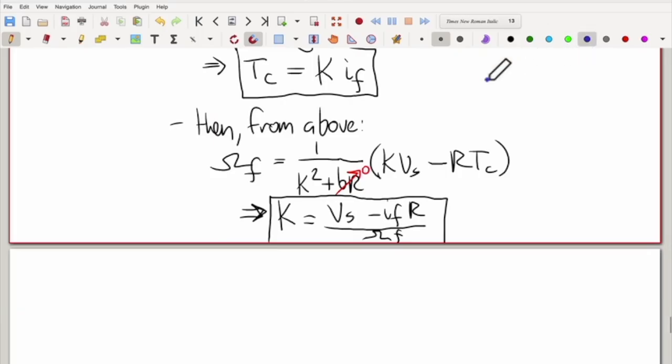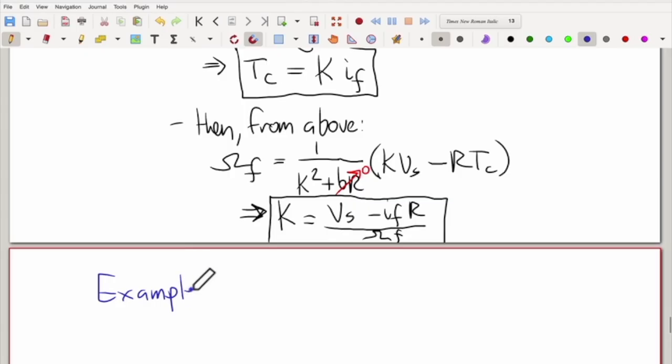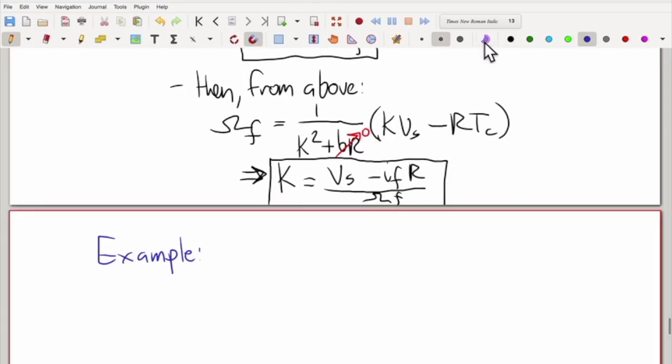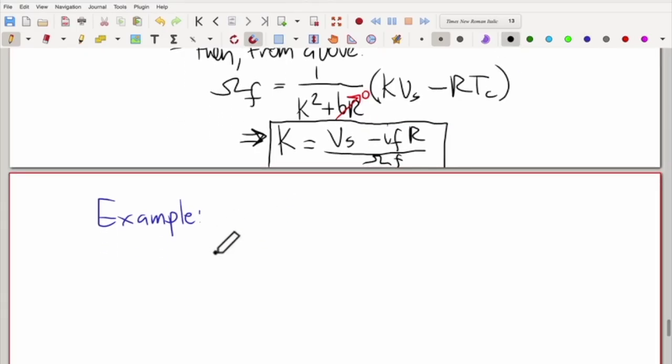Let's do an example here. A 4mm motor, a little tiny motor.